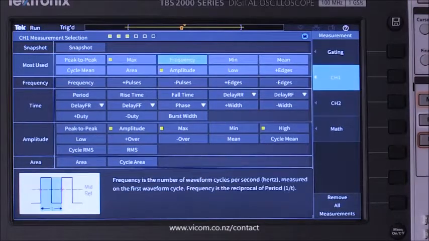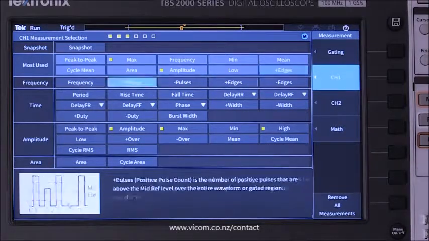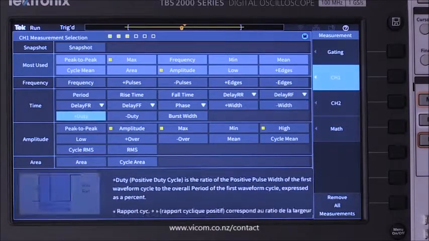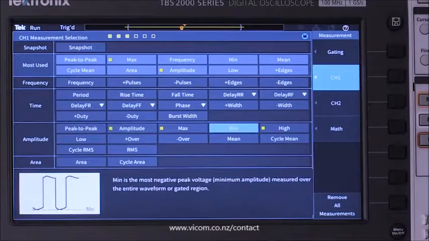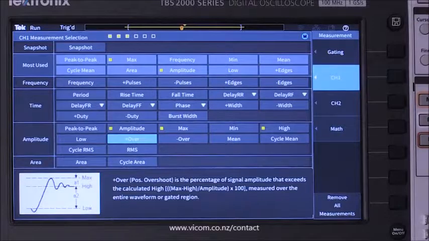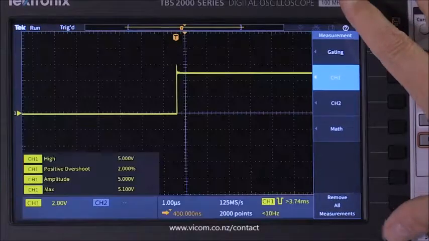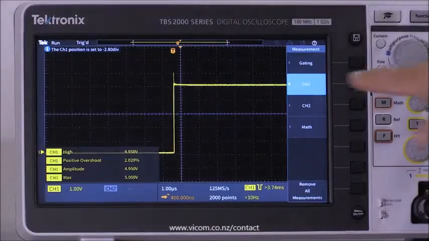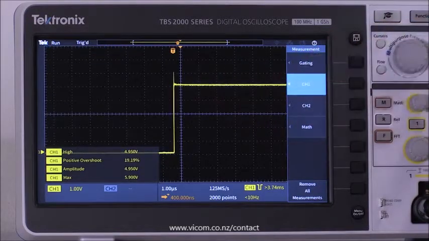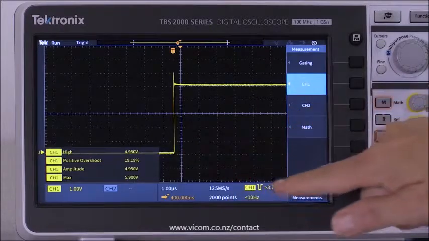I'm going to turn on the positive overshoot measurement. It's down here at the bottom. You can see that the high is still around 5 volts, as is the amplitude.